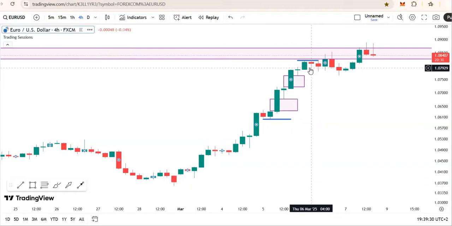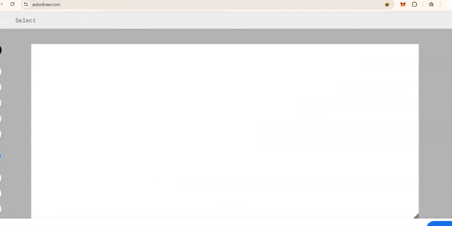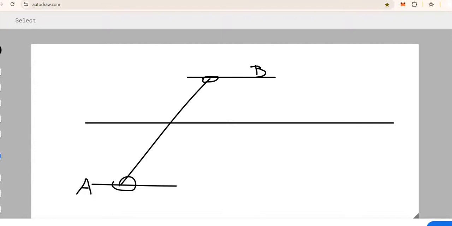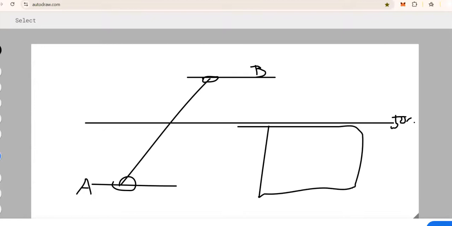So the market is always moving either in premium or in discount. For example, if we have price moving from point A to point B, we have of course a dealing range between those two points. The middle area is called of course 50%. So if we are looking for long trades, we want to look for possible buying opportunities in this discount area.